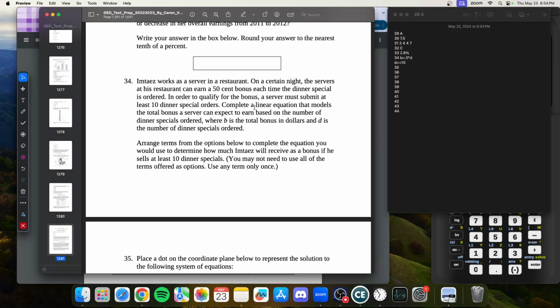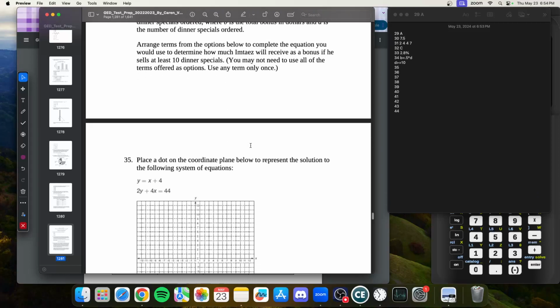What do they want? Complete a linear equation. Oh yeah, this is complete a linear equation. I'm not sure exactly what they're looking for. It's fine. I can miss that one.